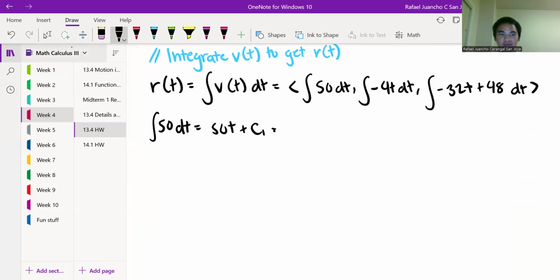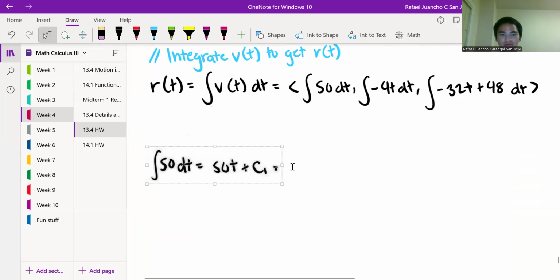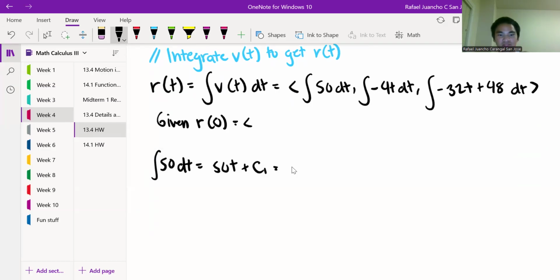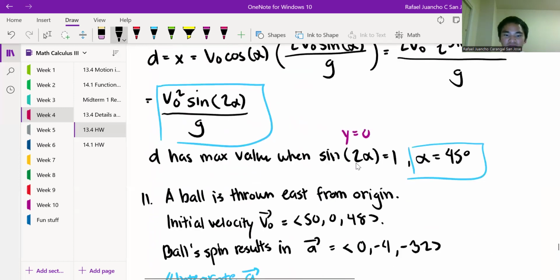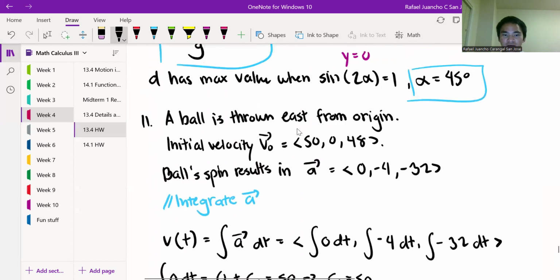Well, here we're given the condition that, okay, I'm just gonna write it. Given that R of 0 is the origin, right? How do I know that? It doesn't say there. What? Oh, a ball is thrown eastward into the air from the origin.